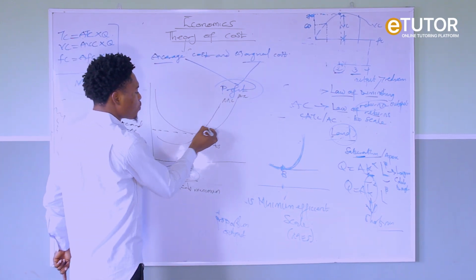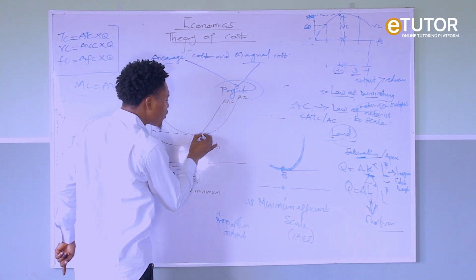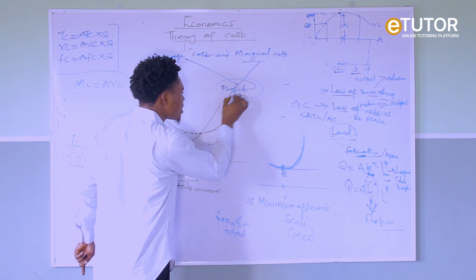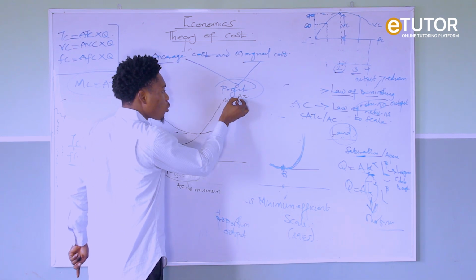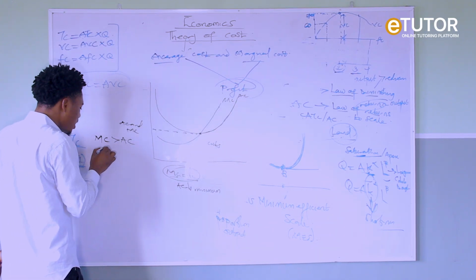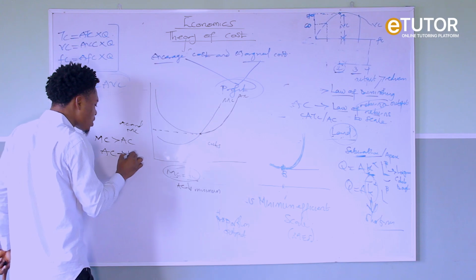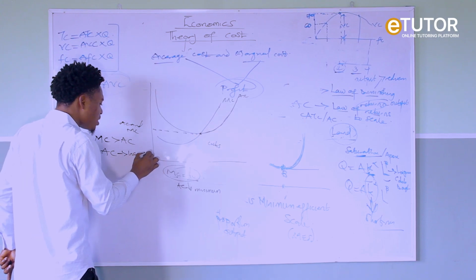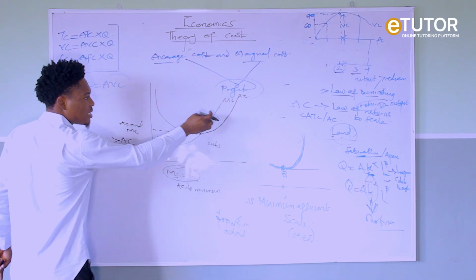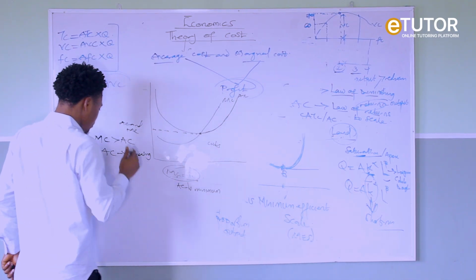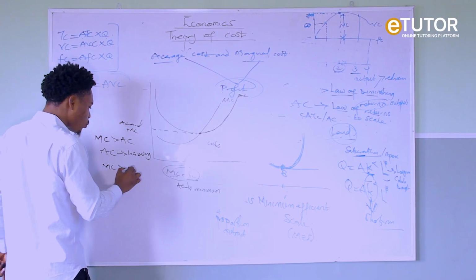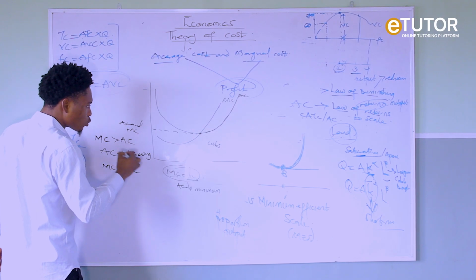So at this point where your average cost is increasing, you can see the marginal cost is above it, right? So at the point where MC is greater than AC, it simply means AC is increasing. Then at the point where MC is lesser than AC, what happens to AC?